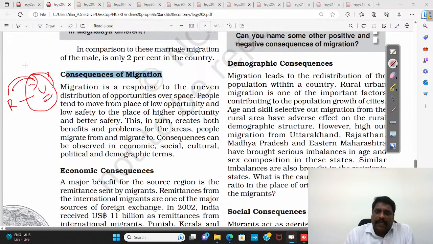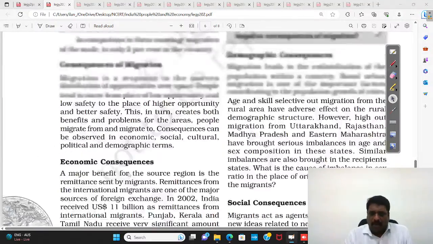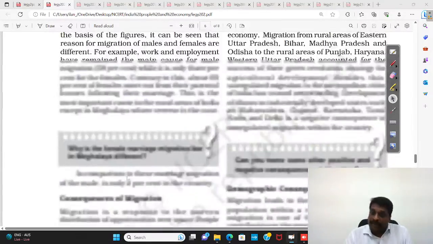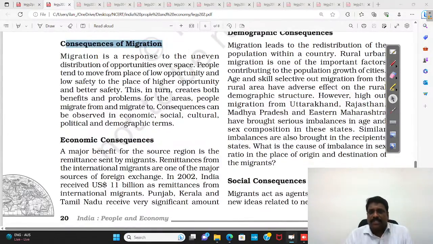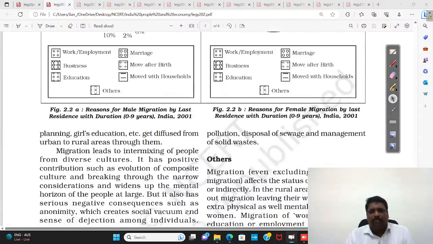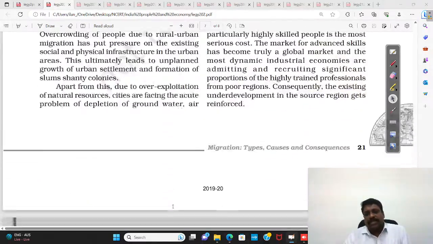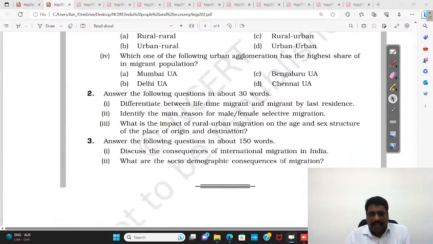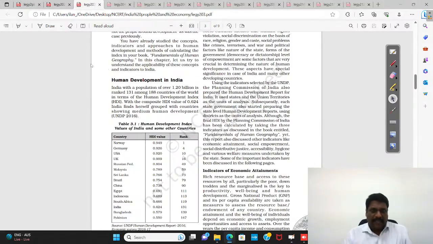The rural migrants come to an urban area, and what happens there? Even the quality of life will start decreasing. So there can be n number of consequences. It can be economic consequence, demographic consequence, even environmental consequence, or social consequence. N number of consequences I can have. So that is all about some very important aspects of migration, my friends.